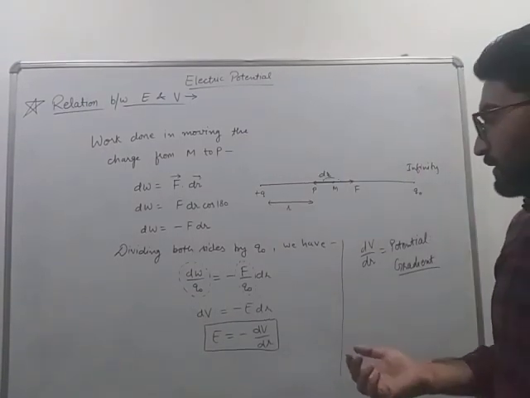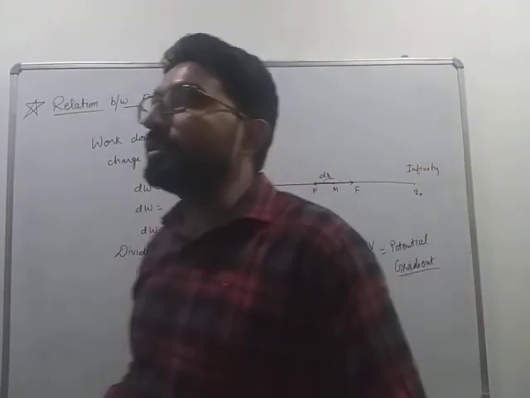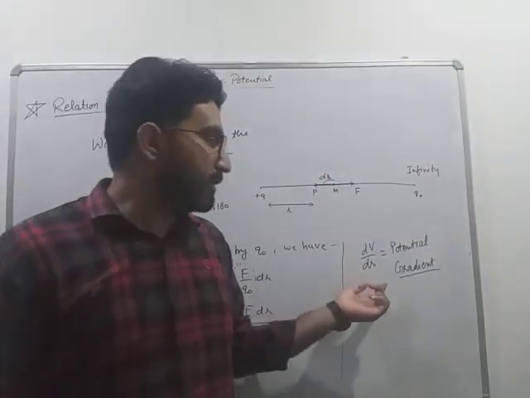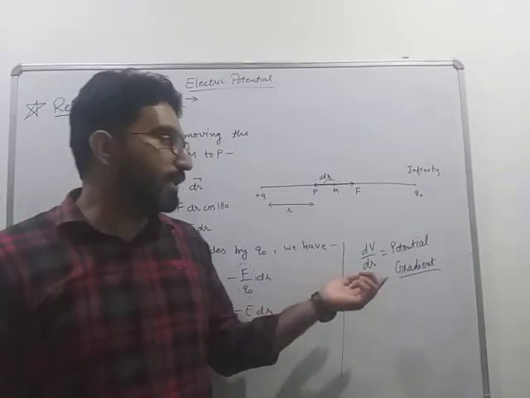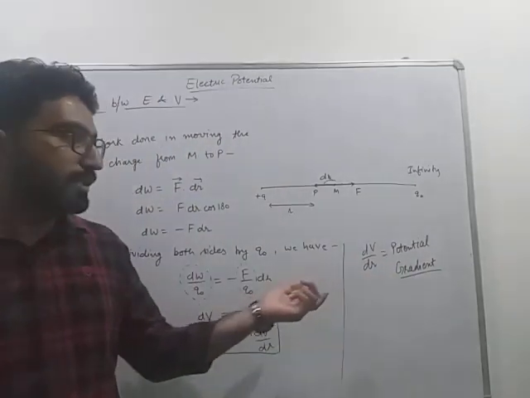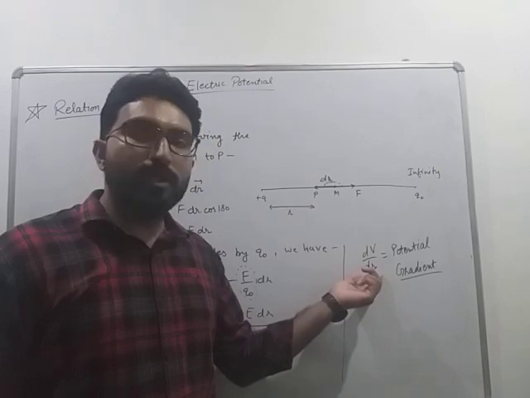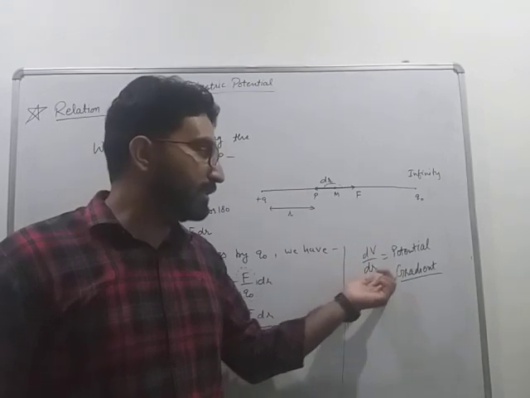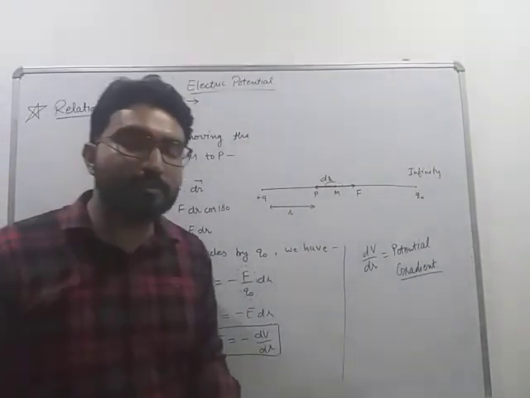If we were observing a quantity like the electric field and taking its differentiation with respect to length, it would be represented by the electric field gradient. Similarly, here we have taken the potential with respect to length, so this quantity represents the potential gradient. Okay, hope you guys understand these topics.